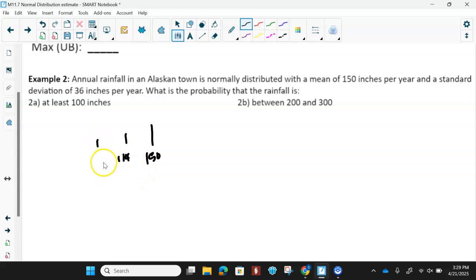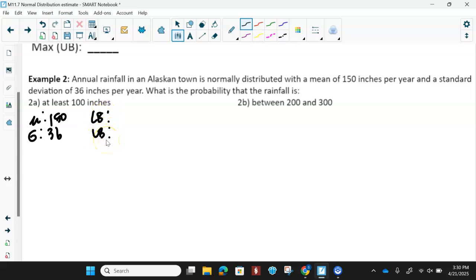Then I would subtract another 36. Notice is 100 on the bell curve? Is it part of the empirical rule? No. So again, that is a sign that we're going to have to calculate. So that means here our mean is 150. Our standard deviation is 36. Then our lower bound and our upper bound.